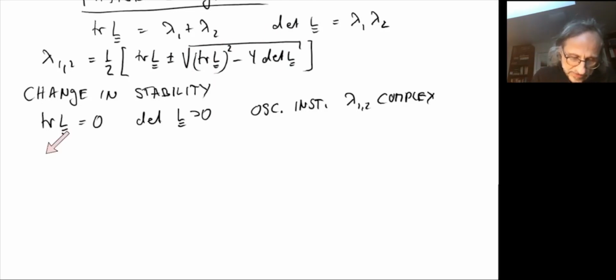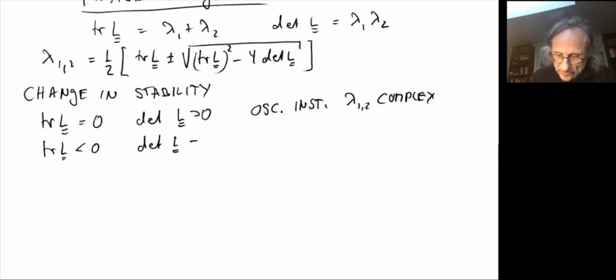So if the trace of L is negative, but the determinant of L is 0, then we have a steady bifurcation, a real eigenvalue. I shouldn't call it bifurcation yet. We just know about instabilities, right? So we just know we have a steady instability.